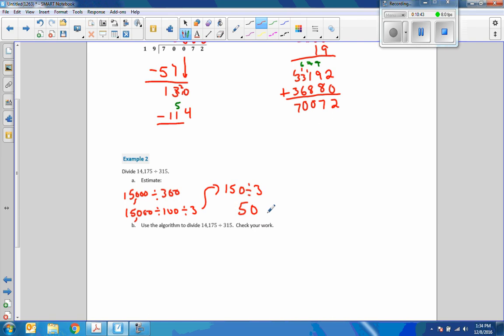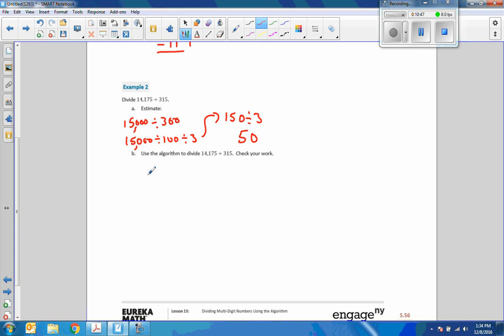Okay. Use the algorithm now to do it. So we're going to take 315 and see how many times it goes into 14,175. I look, 315 is 3 digits. My first 3 digits is 141. 300 is bigger. I have to go out to the next level, which is thousands.